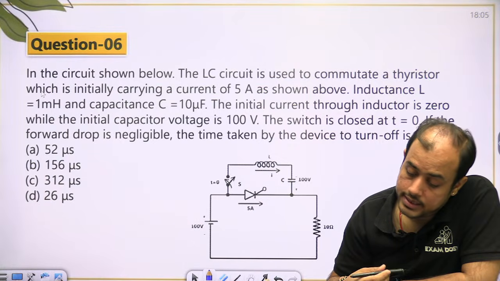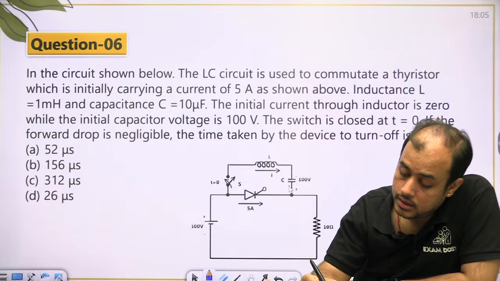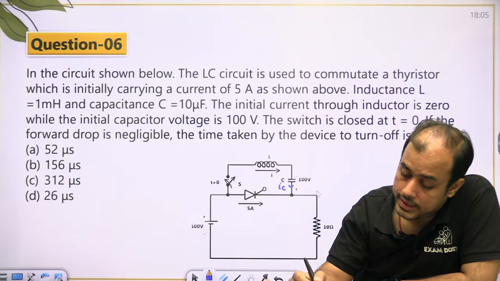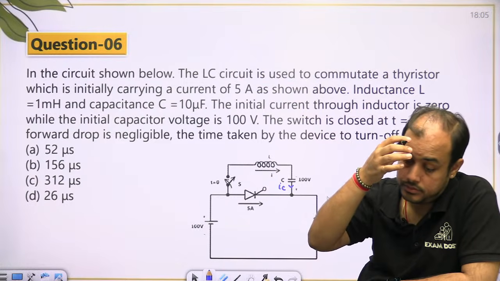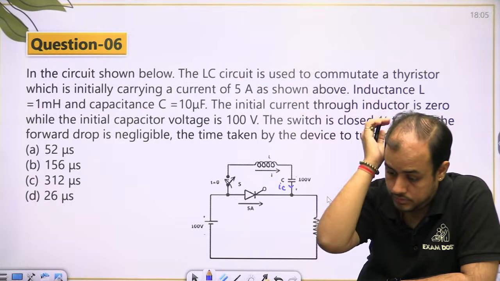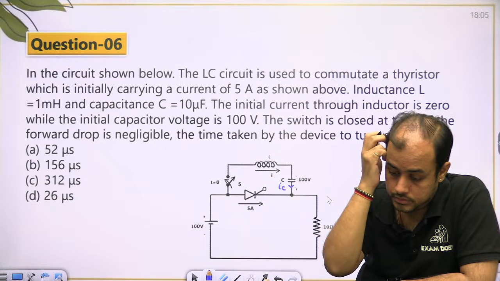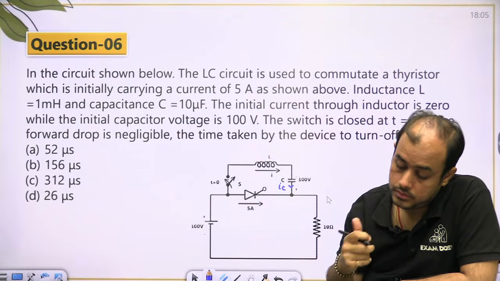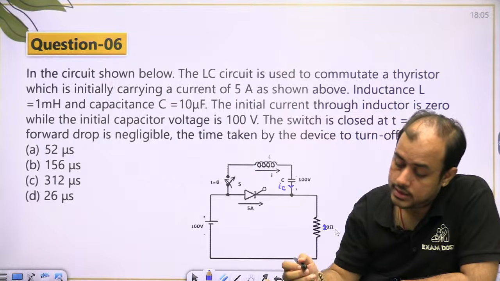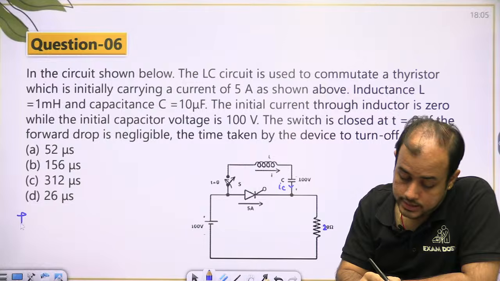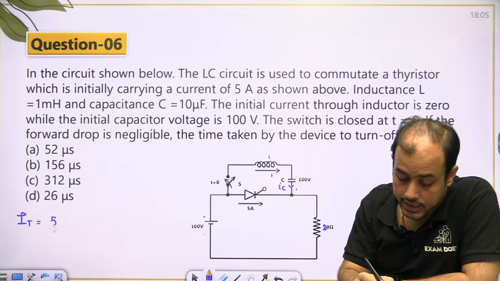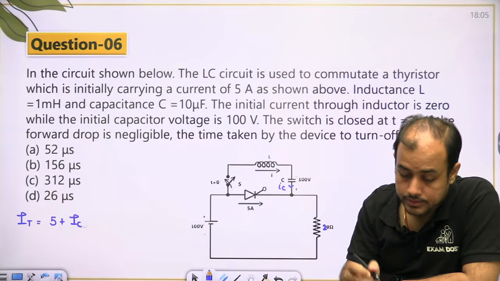The inductance and capacitance are given. So capacitance current will be like this. Okay. ये 20 ओम होना चाहिए ताकि ये करंट 5 एम्पियर आए. तो थायरिस्टर करंट will be 5 plus IC.